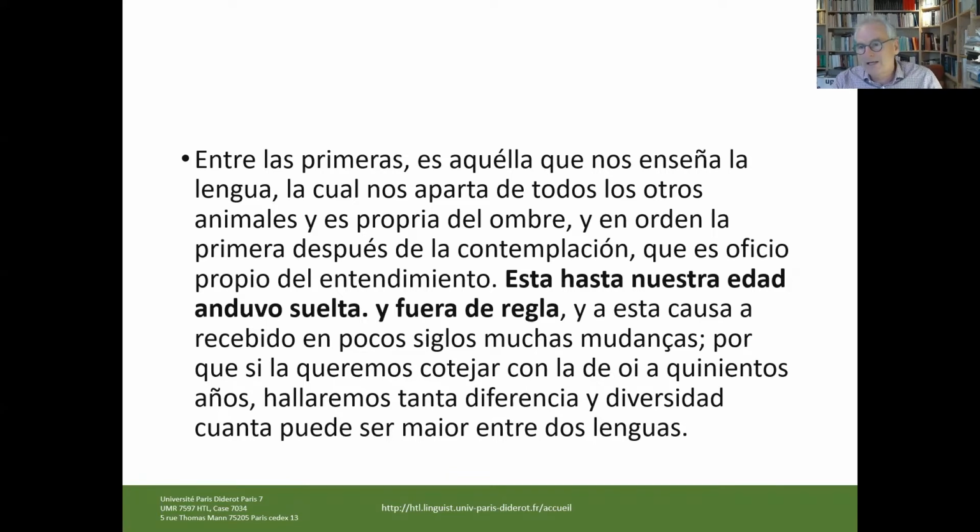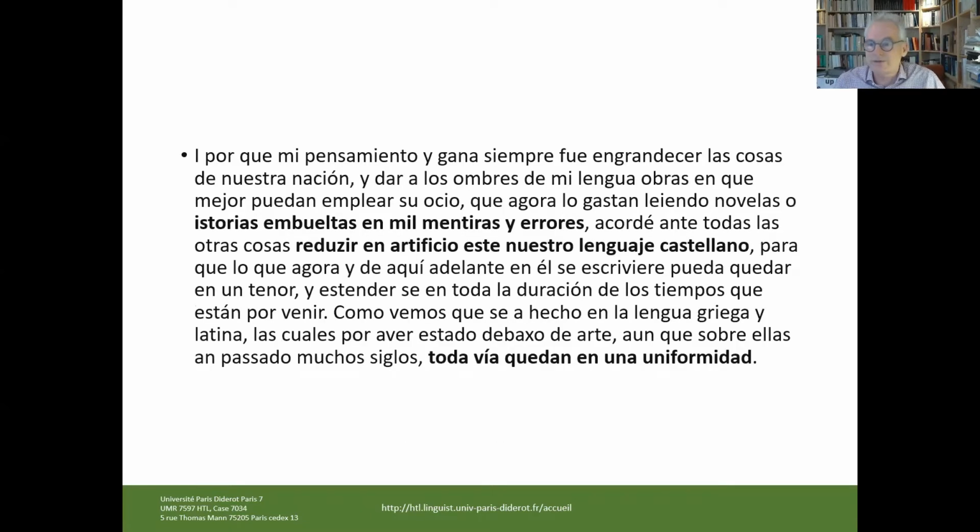And Nebrija actually considers from that moment Spanish as a dead language, as Latin. He wanted to fix the language so that there will be no more changes, because this is the rule, and the practical part actually can vary, but this will never have the same prestige because it is not fixed.